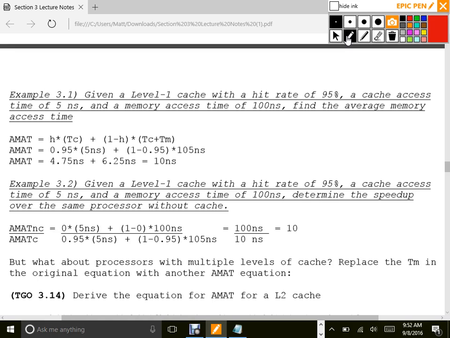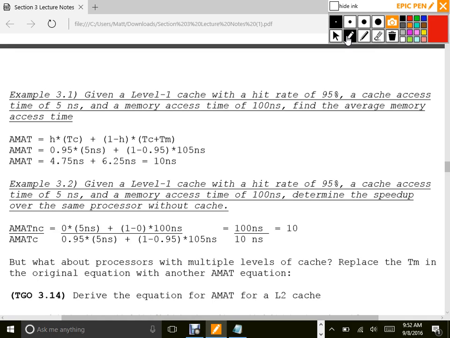And then for the second one, this is a good example of why it's important to use cache memory in this scenario. Example 2, given a level 1 cache with a hit rate of 95%, cache 5 nanoseconds, and memory access time 100 nanoseconds, determine the speedup over the same processor without cache. If we don't have cache memory, that just means 100% of the time it's going to take us 100 nanoseconds, right?